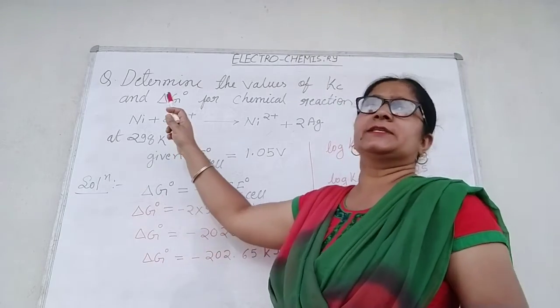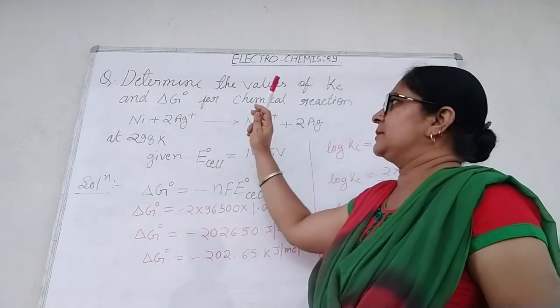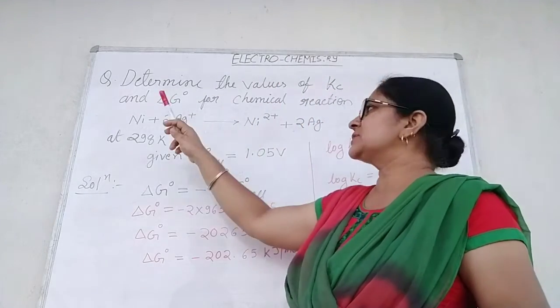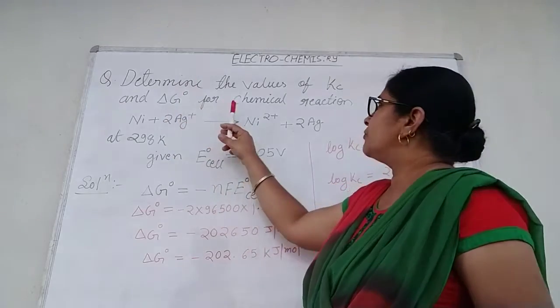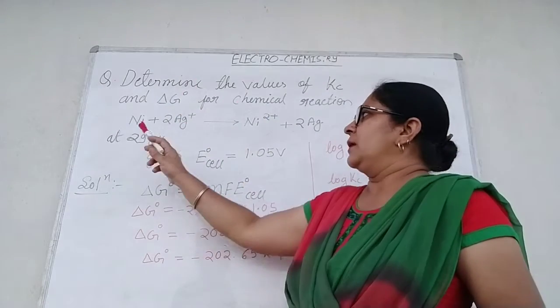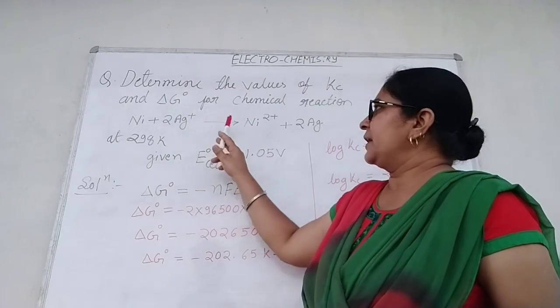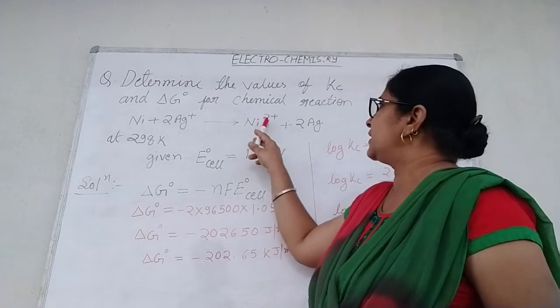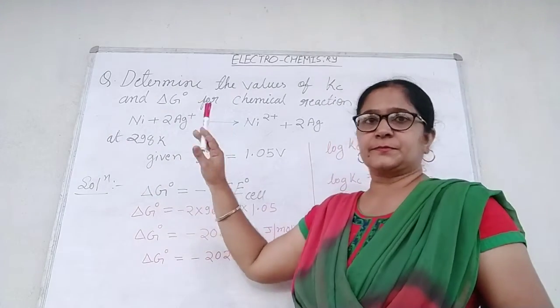Now, here is the question. Determine the values of Kc, means equilibrium constant, and standard Gibbs energy change for the chemical reaction: nickel plus silver ion react to each other and give nickel ion plus silver at 298 Kelvin.